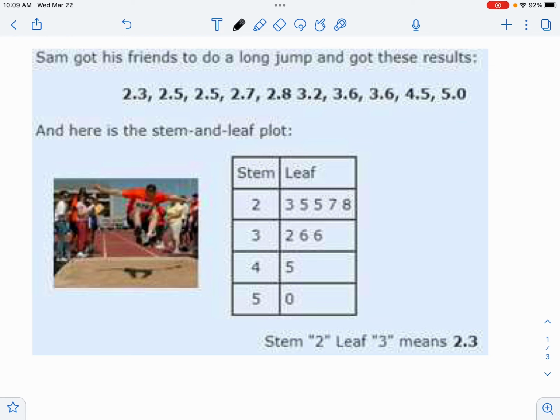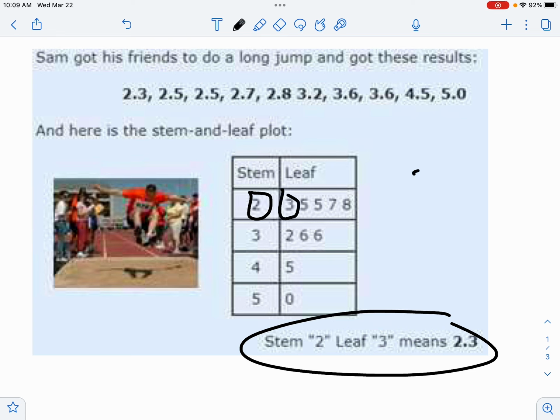So there always has to be a key on the bottom. What do you think this 4 and 5 represents? 4.5.